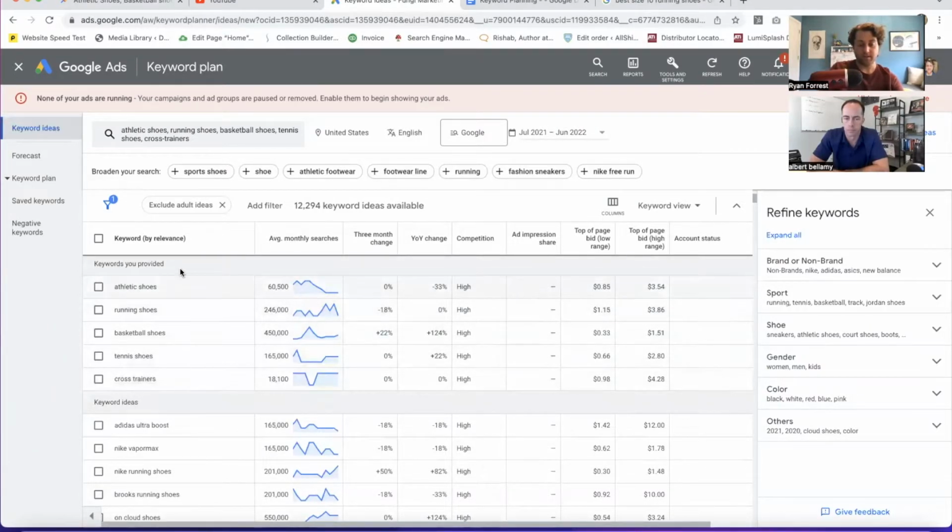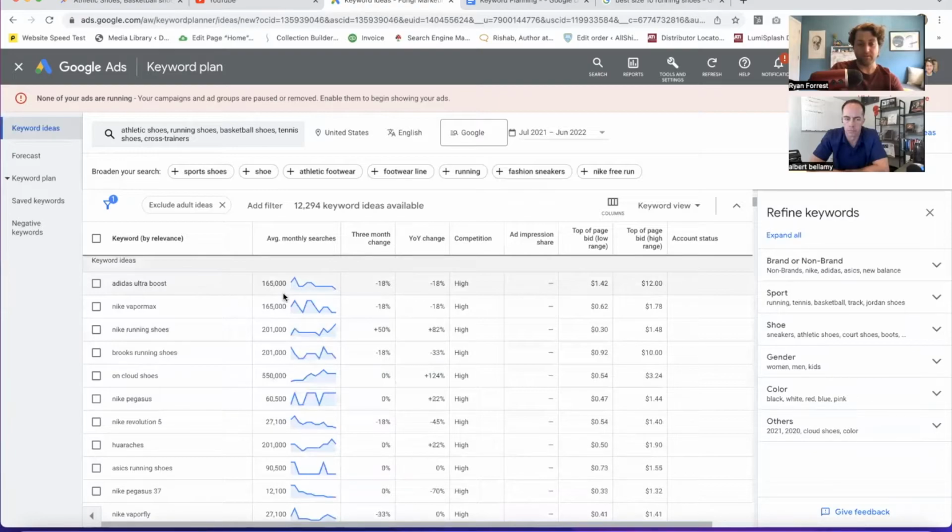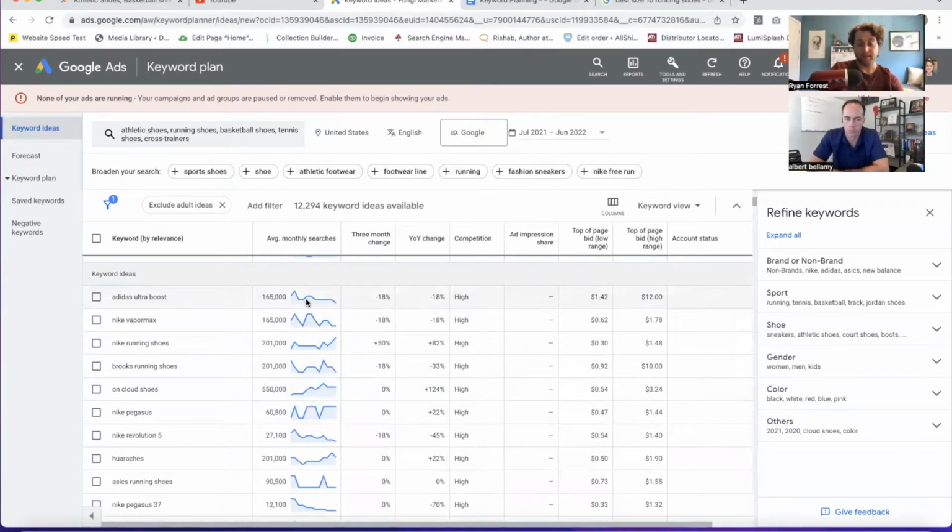So this is our seed keywords, and the keyword ideas down below give you terms that probably still have a lot of search volume but are more relevant. Adidas Ultra Boost, I think, was one of the ones we saw in the Google Trends breakout category. The cost for that term is $12 a click for the top of page high range.